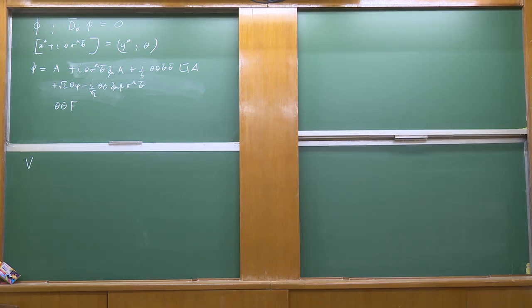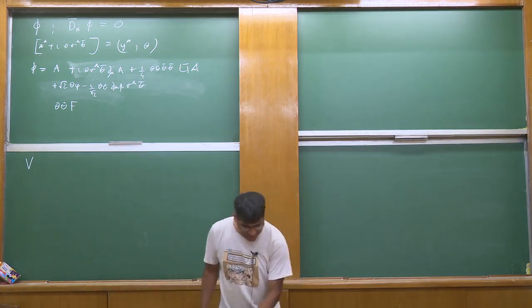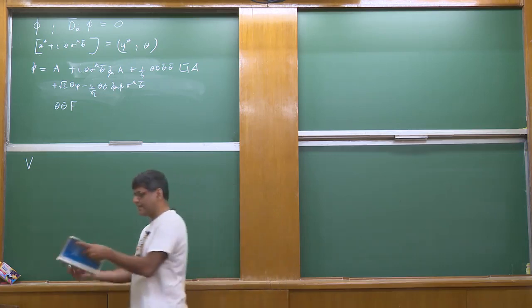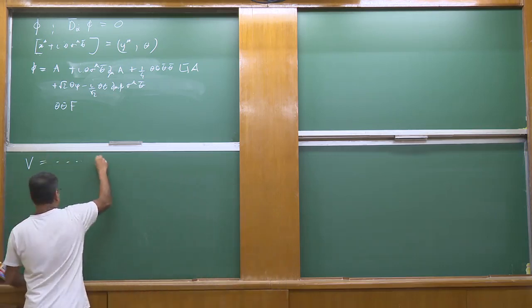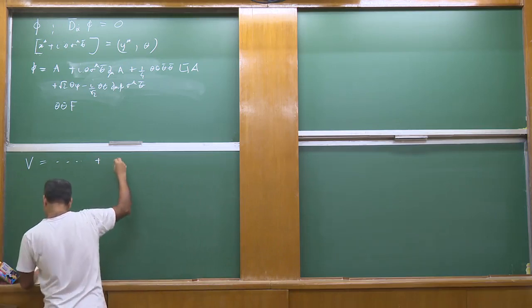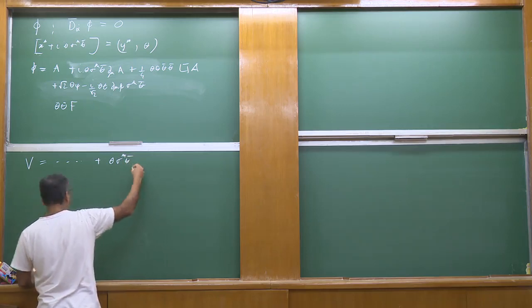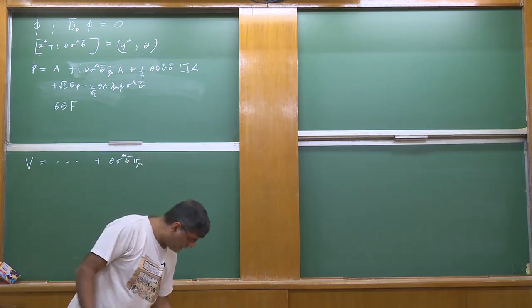The important thing was that in the expansion of the vector superfield, there was a gauge boson. The gauge boson appeared in the term plus theta sigma mu theta bar v mu. So the theta sigma mu theta bar term had a gauge boson.